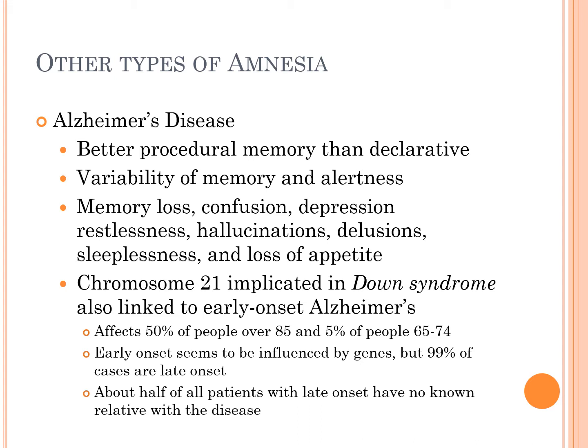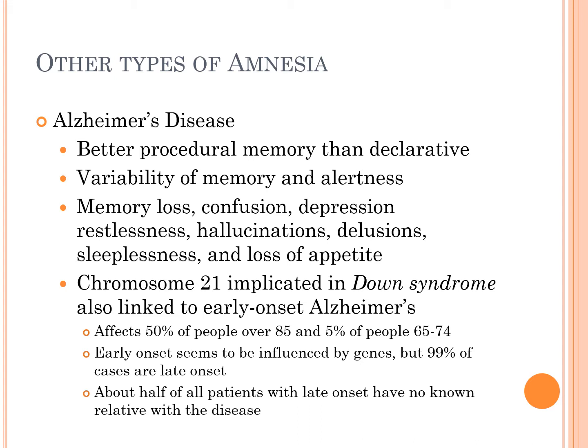So chromosome 21 is implicated in Down syndrome, which is one of the reasons they started looking to chromosome 21 and those particular genetics as potentially being linked to early onset Alzheimer's, as people who have Down syndrome, if they live to be middle-aged or have in middle adulthood, then they are very likely to have early onset Alzheimer's.